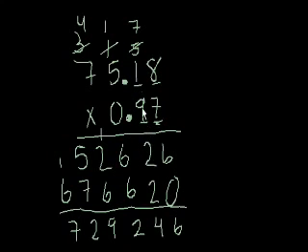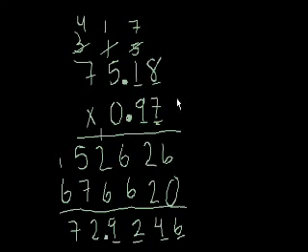So if there are 4 numbers behind the decimal point in the problem I did, then I just count here. 1, 2, 3, 4. The answer will also have 4 numbers behind the decimal point, and that's the answer, 72.9246.